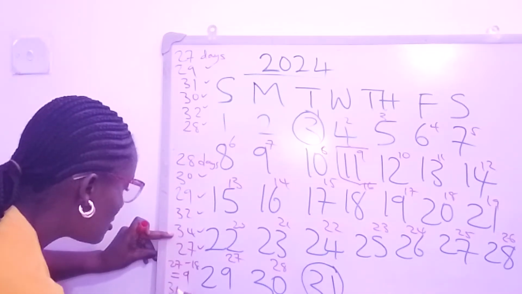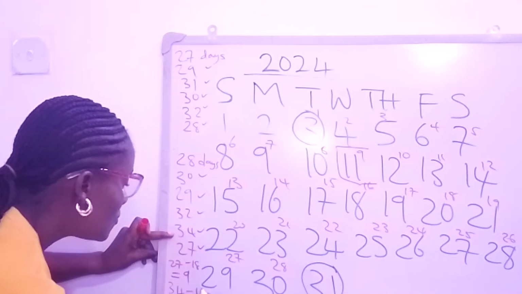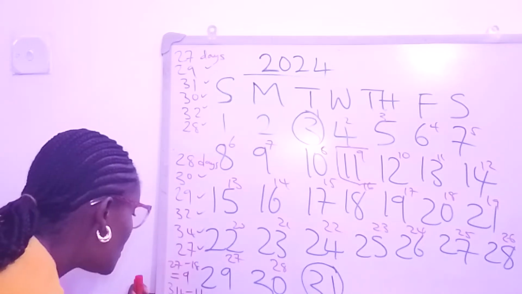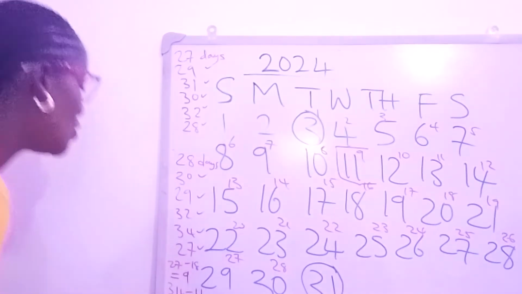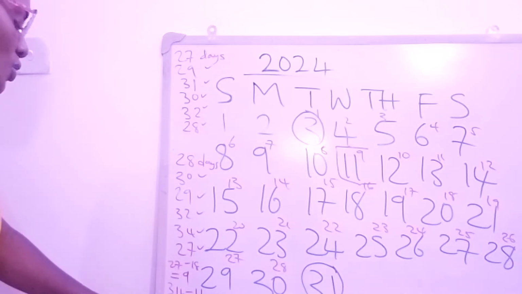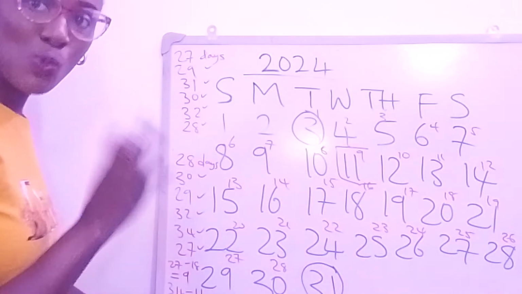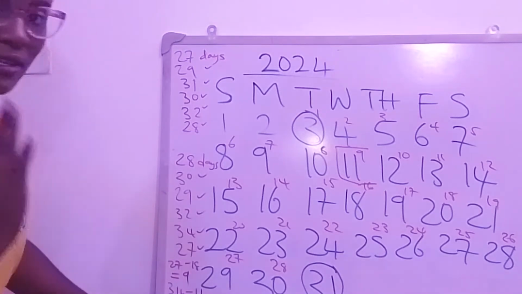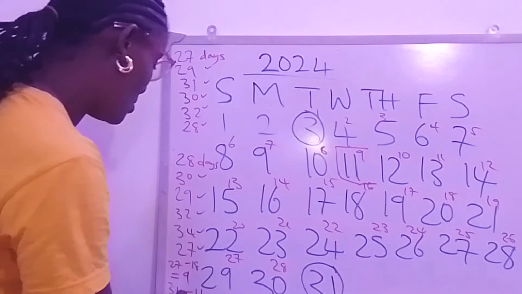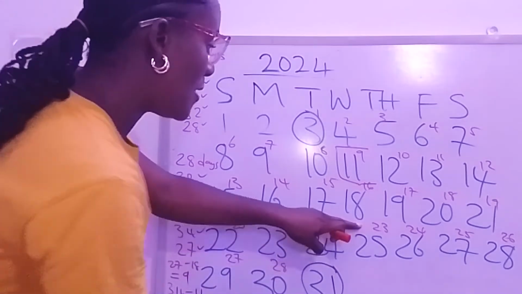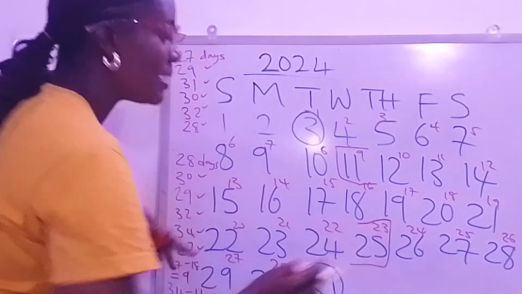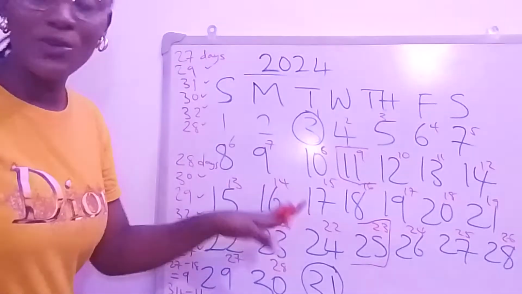So you subtract 11 from 34 and it equals 23. So the 23rd day of this woman's menstrual cycle is the end of the fertile window. The 23rd day is here. So this is the closing of this woman's fertile window.